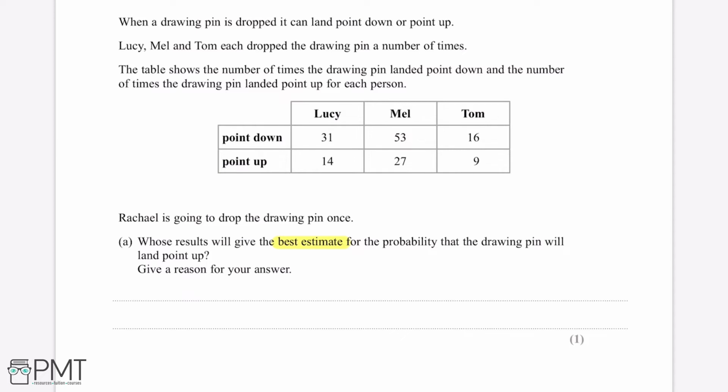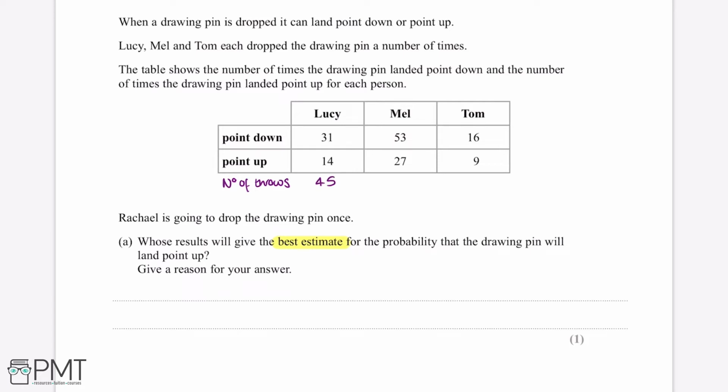If we start off with Lucy, the pin landed point down 31 times and the pin landed point up 14 times. So the number of throws that Lucy had will be 31 plus 14, which gives us 45.